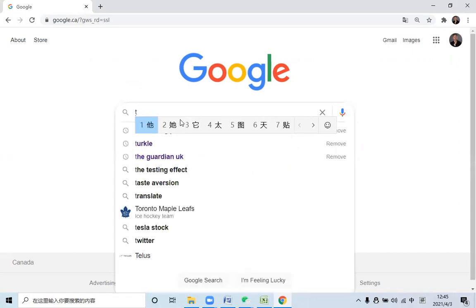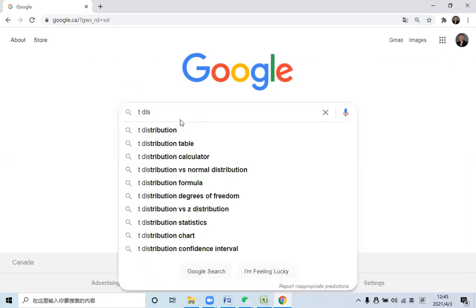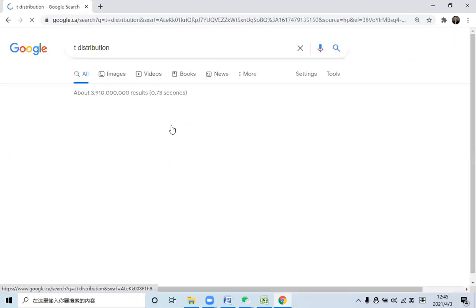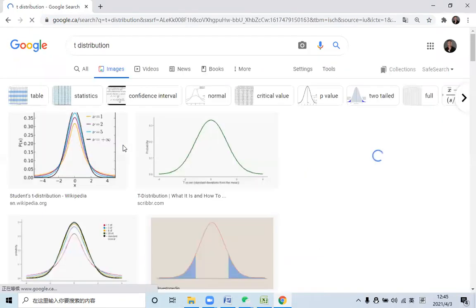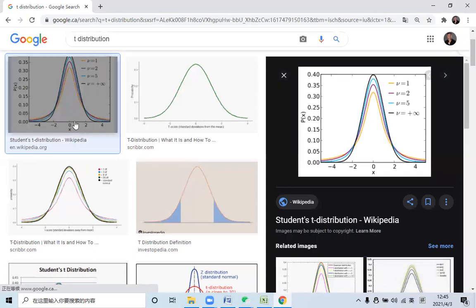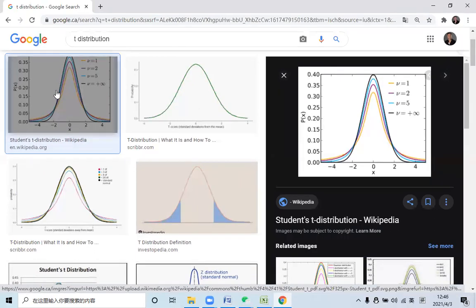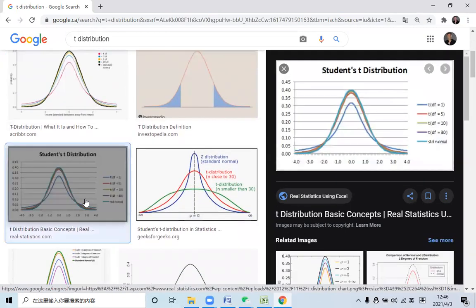We might just want to search for one. T distribution. Yeah, let's look at a random t distribution. You see, the t distribution is very similar to the z distribution.